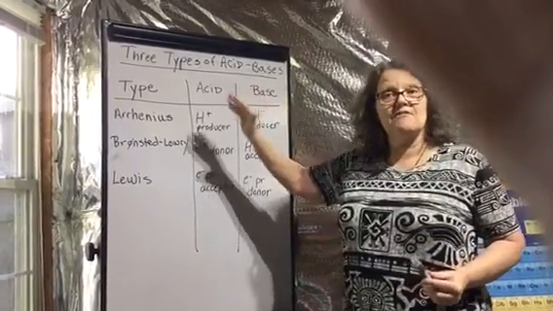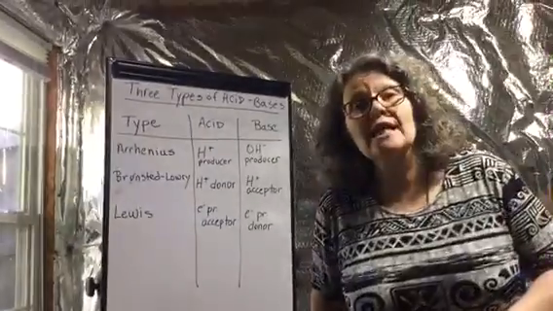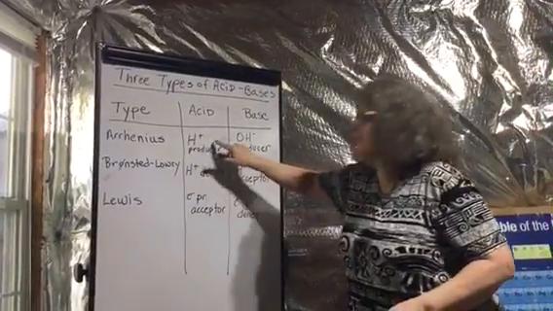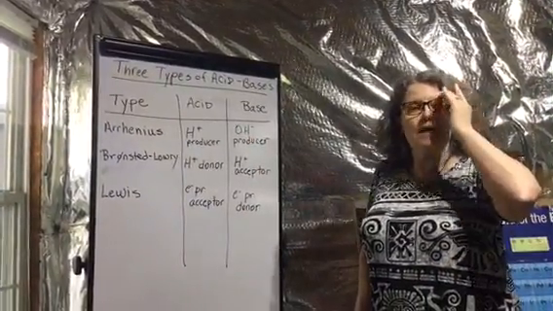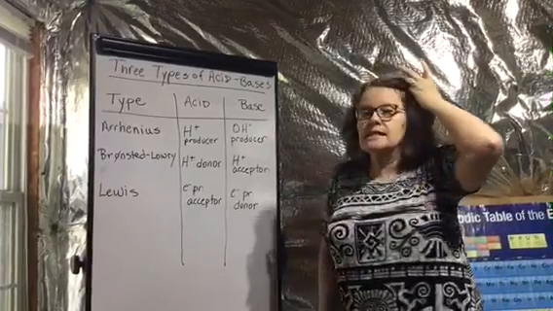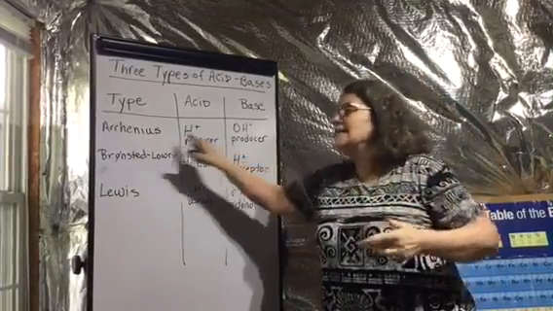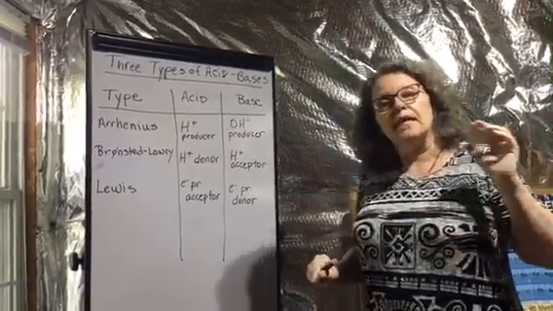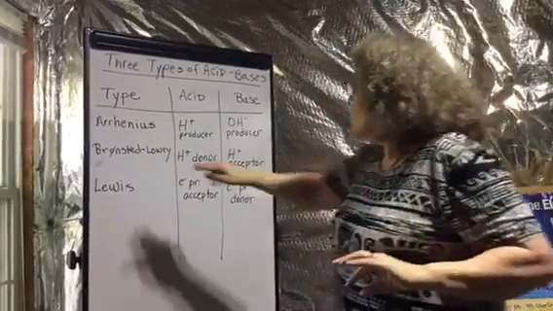That's the classic definition. So hydrochloric acid produces hydrogen ions, and the base, sodium hydroxide, produces hydroxide ions.